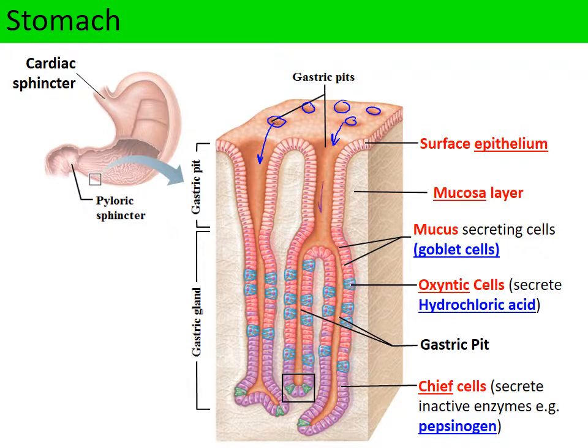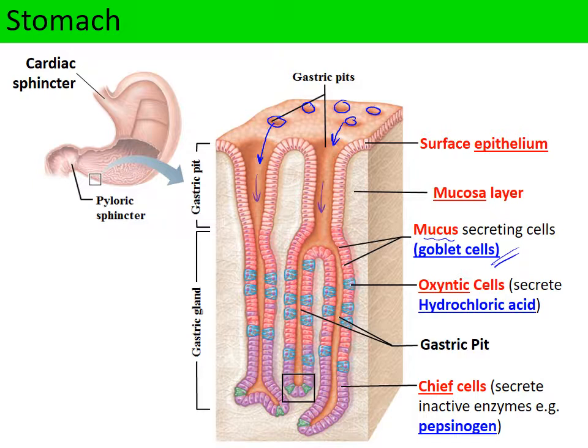And if you go down the gastric gland here, what you'll see are certain specialized cells. Some specialized epithelial cells are called goblet cells, and they make, store, and then secrete mucus. Now, it's very important that mucus is secreted from these specialized goblet cells because it prevents the epithelial cells being digested by pepsin once that's been activated.